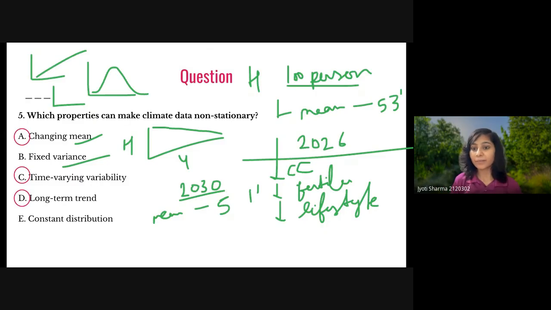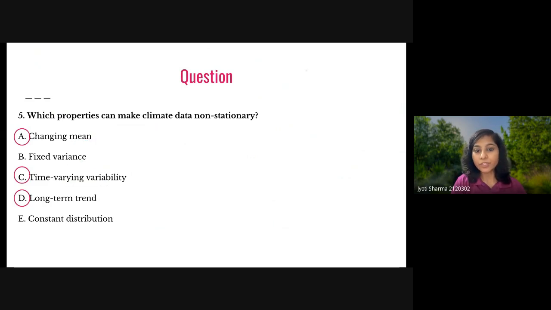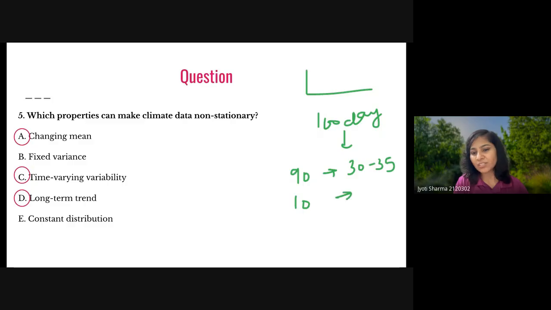Time varying variability. For this, let me take you through another example. For the temperature, what we learned is that out of 100 days, for 90 days we had temperature, let's say, between 30 to 35 degrees Celsius, and for the 10 days left we had temperature which is less than 30 or more than 35.